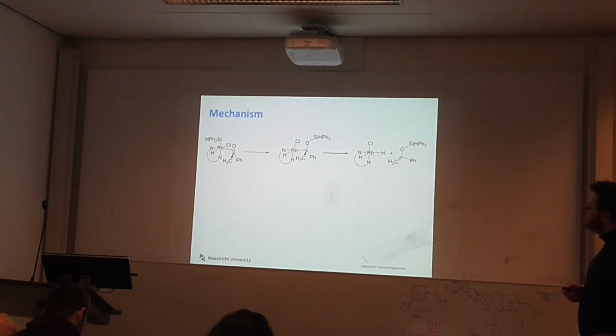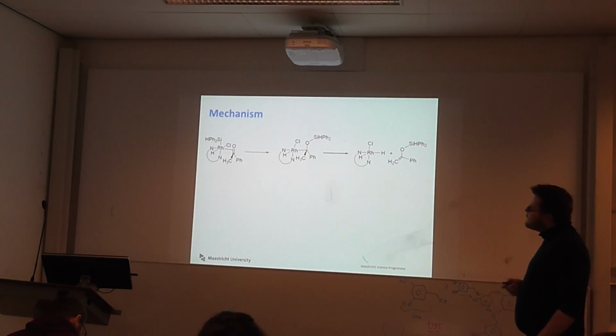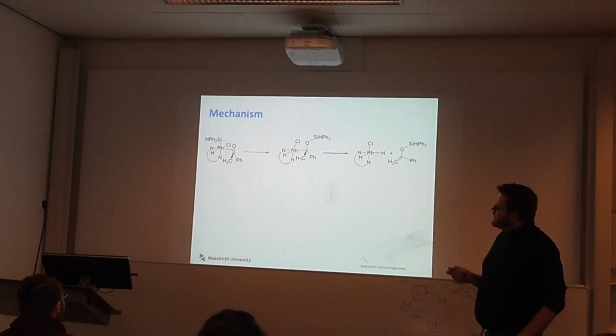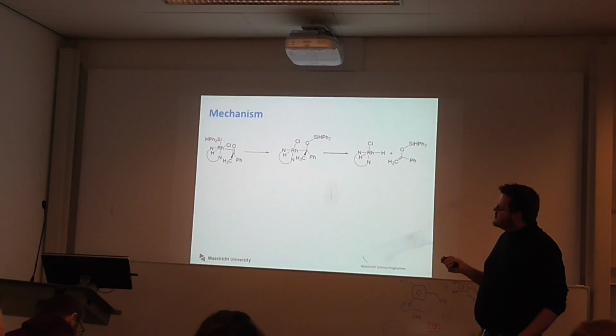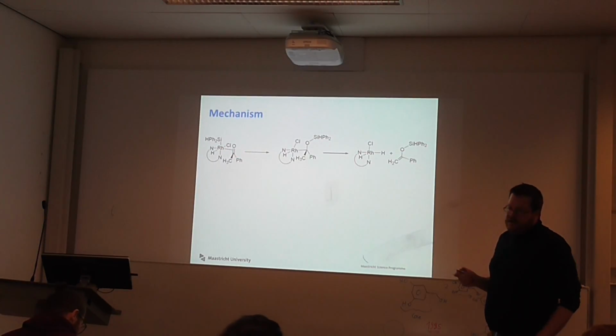Now, the mechanism, this is just an example of a rhodium system that does hydrosilylation. Basically what you do in hydrosilylation is you have the silane and you have H sitting on the silane, for example. And the mechanism is as follows. Basically, the ketone coordinates to the metal.